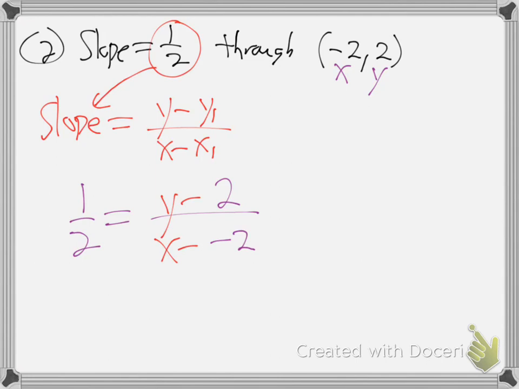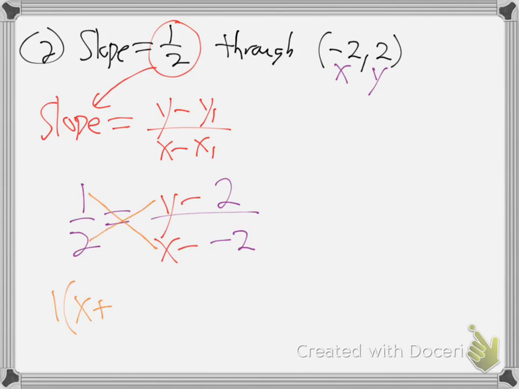And now cross multiply, right? Go diagonal, diagonal. Cross multiply. So diagonal, diagonal.